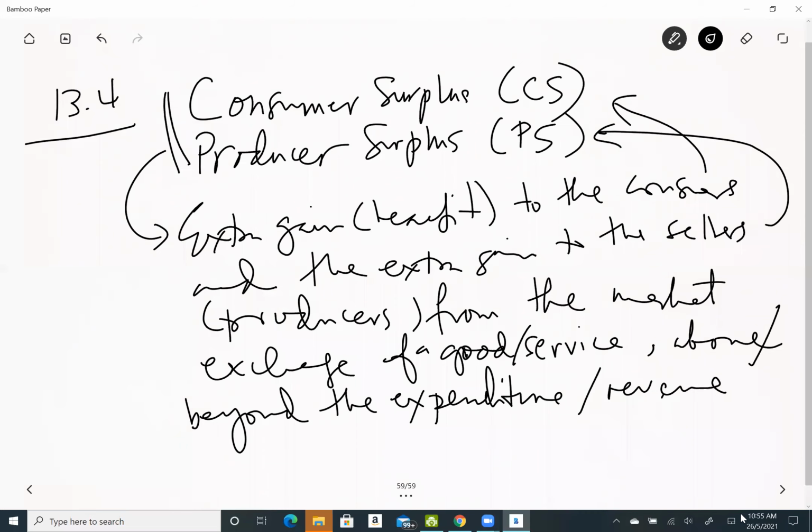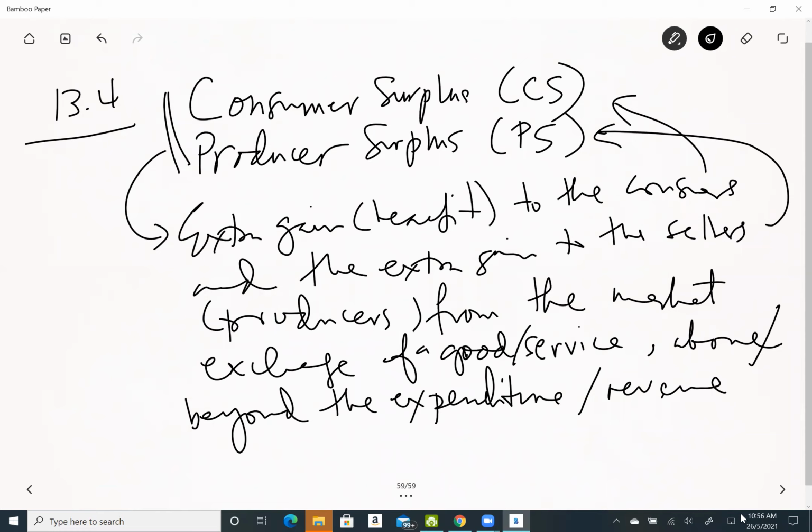So the expenditure is how much consumers spend, right? The income for the producers and the firms is revenue. So beyond the revenue, the firms will have some extra gain. Beyond the expenditure that you really spend on the good, there will be some extra gain from that exchange. All right.